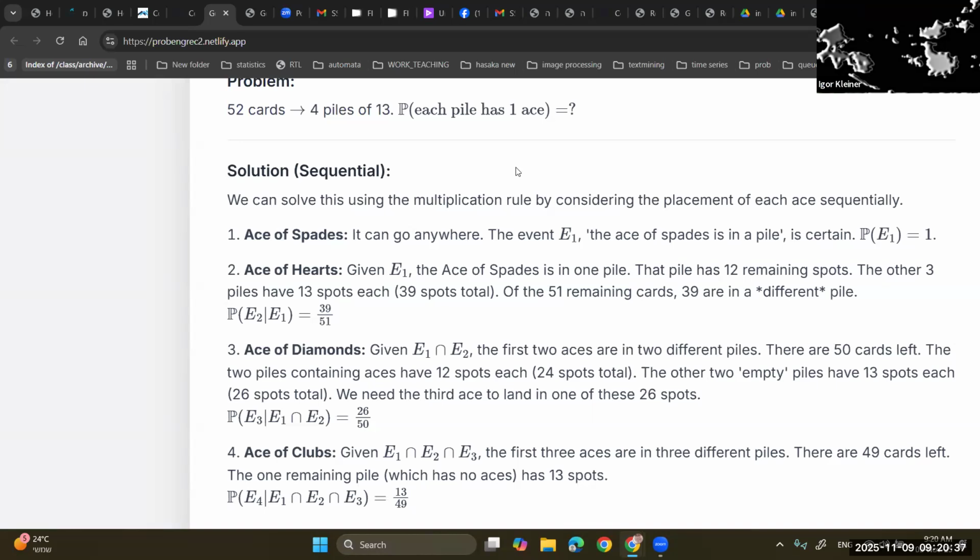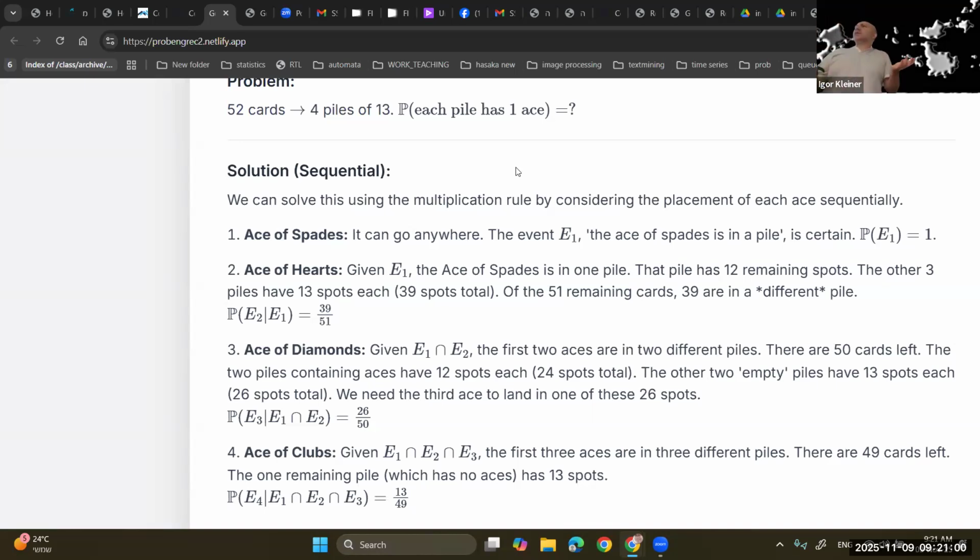What is E1? Let's try to understand. Let's denote by E1 the event that the ace of spades is in any pile. Somebody will get the ace of spades. What is the probability of E1? It's 1.